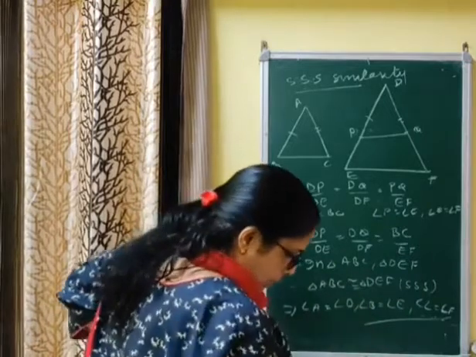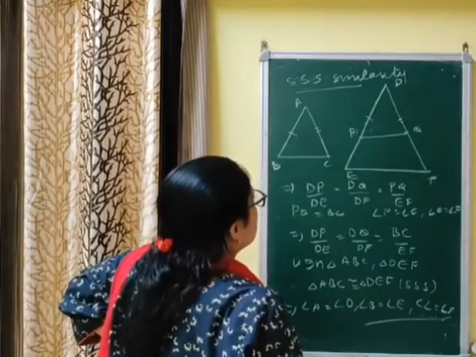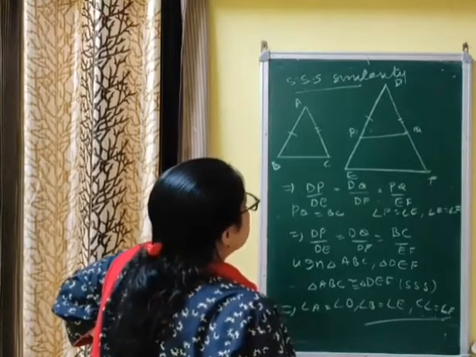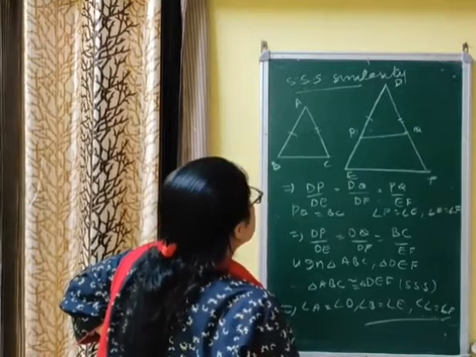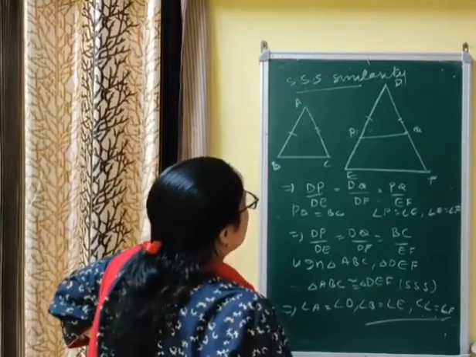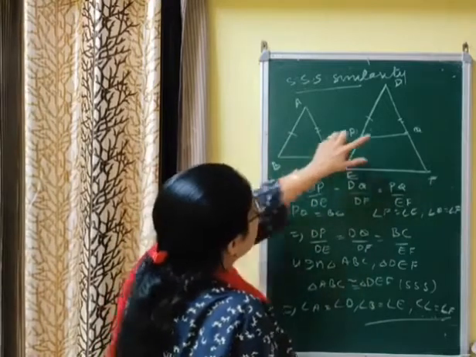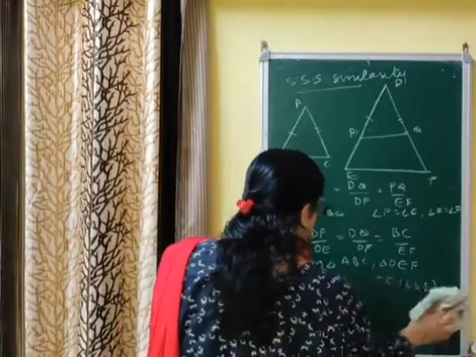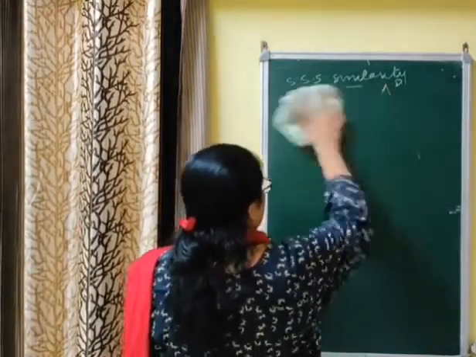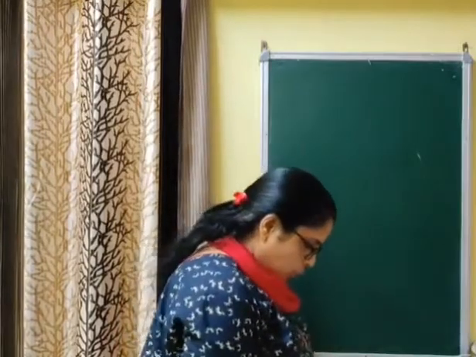That implies BC equal to PQ. So triangle ABC and triangle DPQ are congruent by triple S, and their respective angles are equal. So angle A equals D, P equals E, angle C equals Q, which equals F. This is the proof of the second part and this is not clearly written in the NCERT book. Be careful about that. The third one is SAS that you will do by yourself.